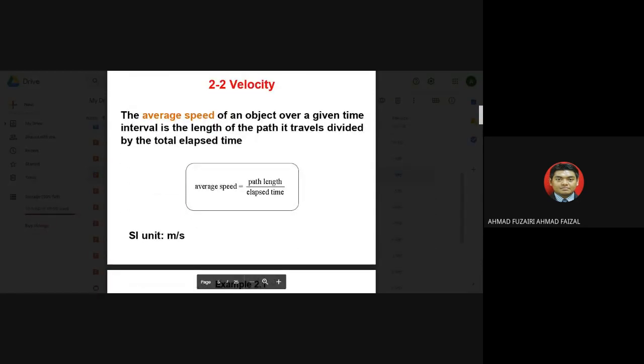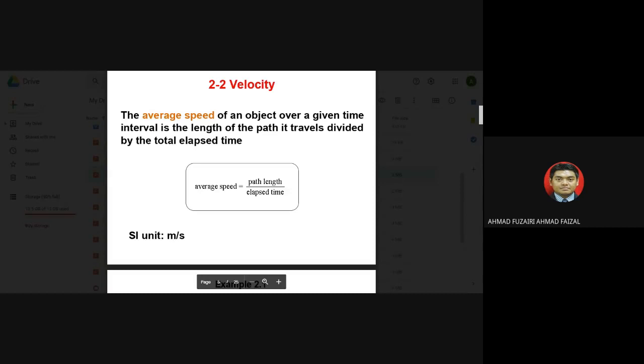So what does speed mean? Sometimes people have difficulty differentiating between speed and velocity. Speed and velocity actually have the same concept, which is just length over time.